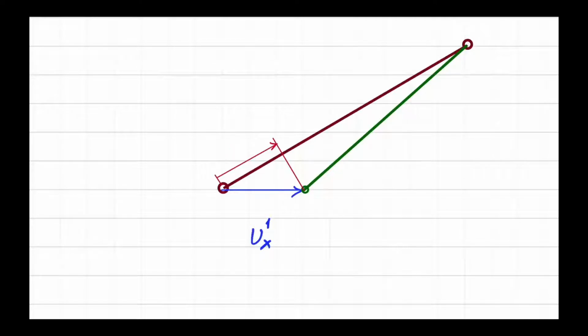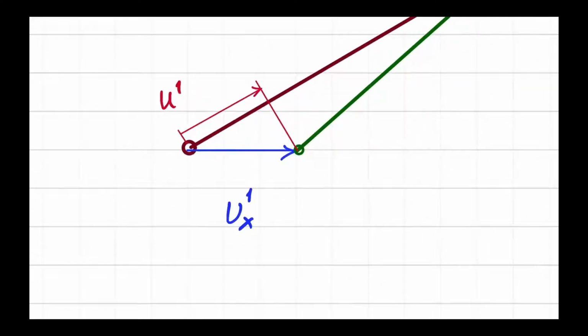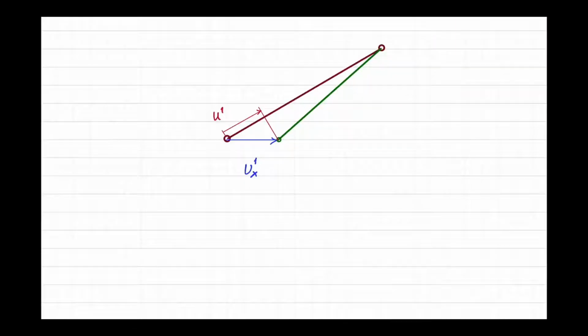Let me clean it. Okay. So you compute U1 from U1x by U1 is equal to U1x cosine alpha.